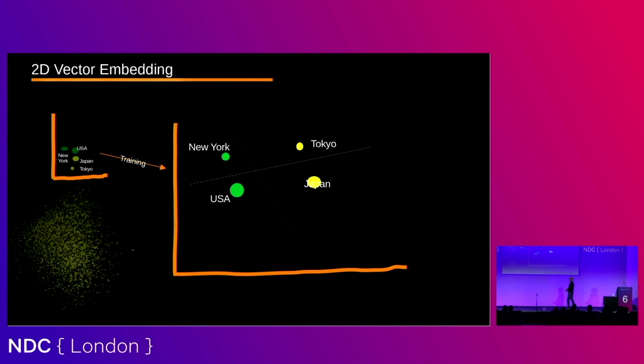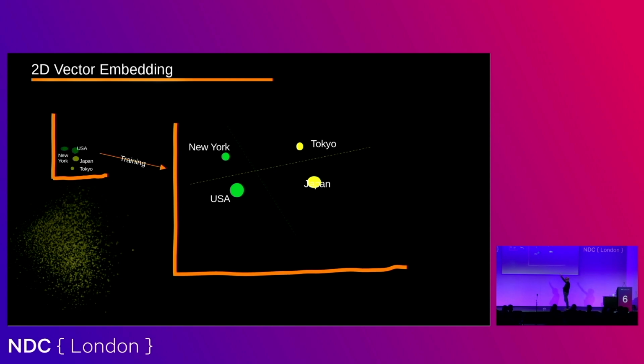Let's have a picture. Before the training, we have New York, USA, Japan, Tokyo. We are running and training machine learning models. The machine learning usually picks up the data and tries to sort it out, combine it and put it together into groups. They're clustering it. If you look into the output of machine learning models, you will see that, for example, it will end up putting New York and USA in a context close to each other.